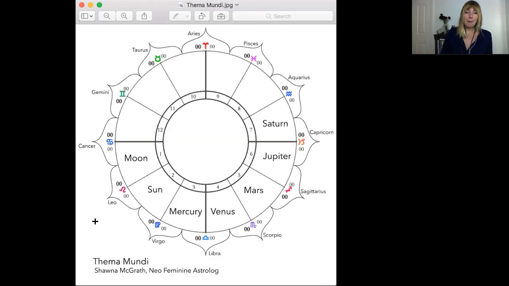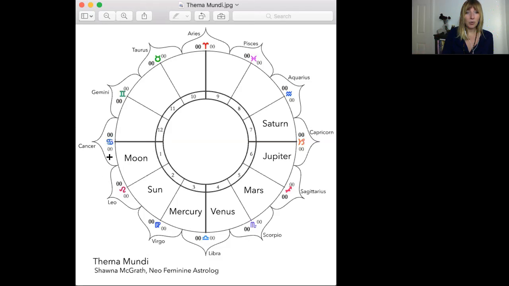So the Thema Mundi always starts with Cancer rising. The rising sign in a chart in Western astrology is always going to be on this left side right here. Depending on what house system you're looking at, this line may mark the rising sign exactly, or the rising point may be somewhere in this first house here.